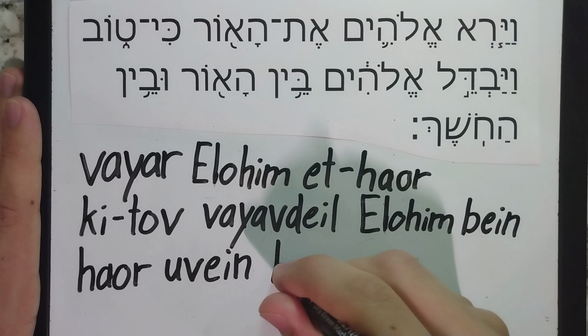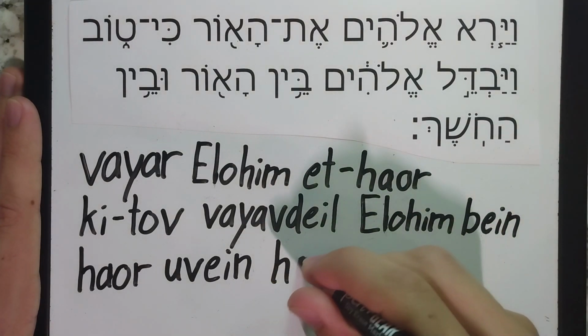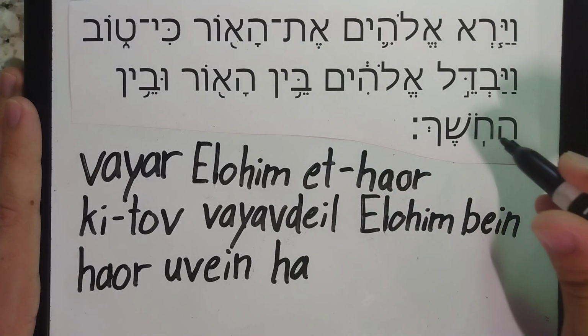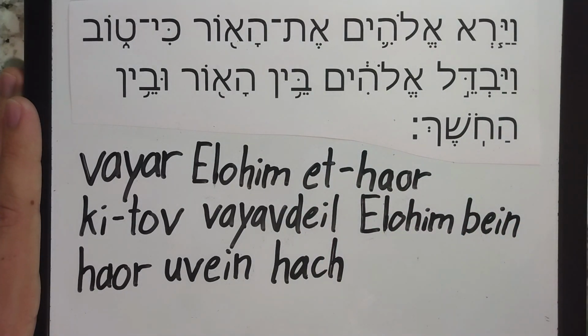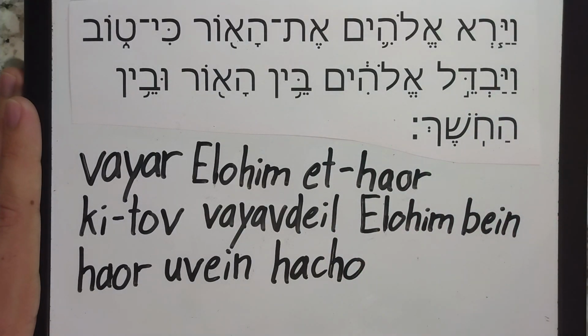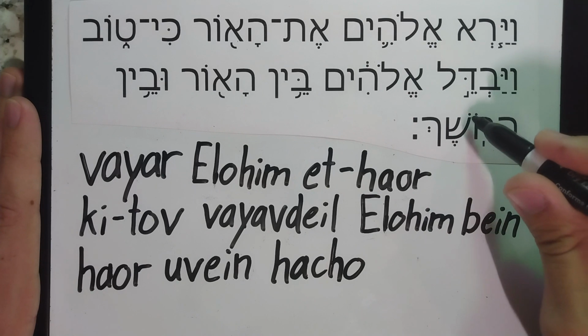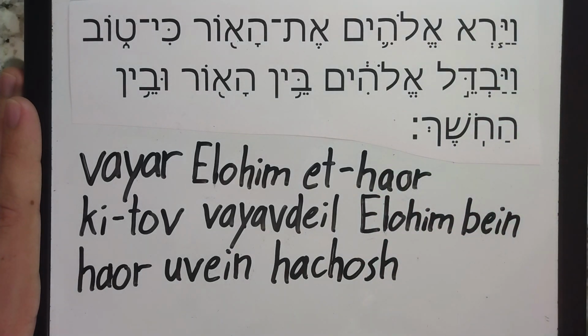hey, which makes the h sound. Under the hey, we have a patach, which says ah, and after that we have a chet. Chet makes the guttural ch sound. On the chet, we have a cholam haser, which says o, and next is a letter shin with the dot on the top right. Shin makes the sh sound.